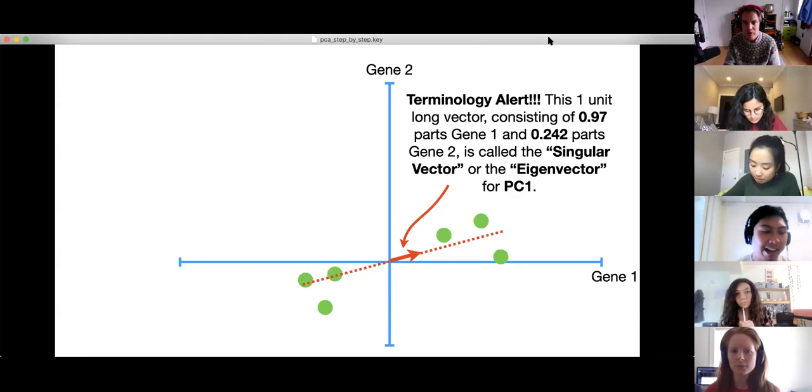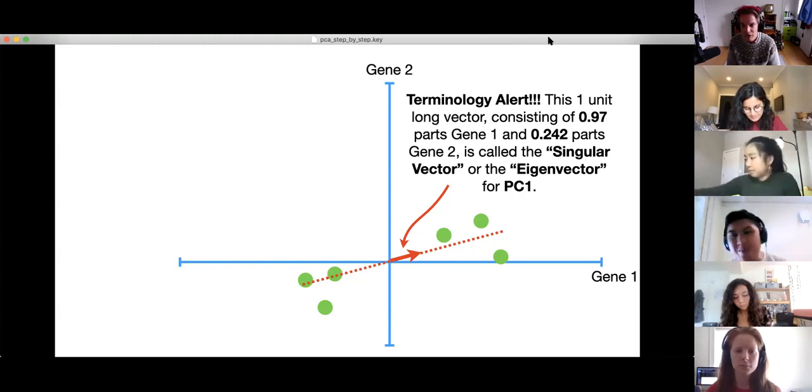And I'll be honest with you, I made this video a few years ago, but every now and then I have to review this because I'm terrible with terminology, and I can't remember if the singular vector and the eigenvector are the same or not. Anyways, is it scaled? Is it 1 unit? Can it be longer? I don't know. So I can never remember these things, but this is how I remember, I actually go back to this and I look at it from time to time myself.